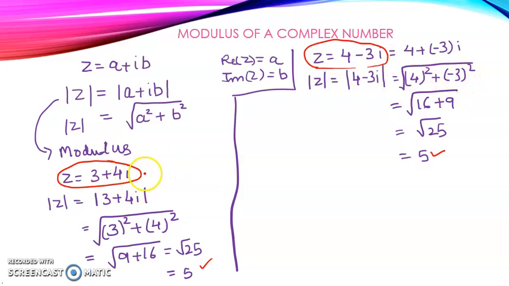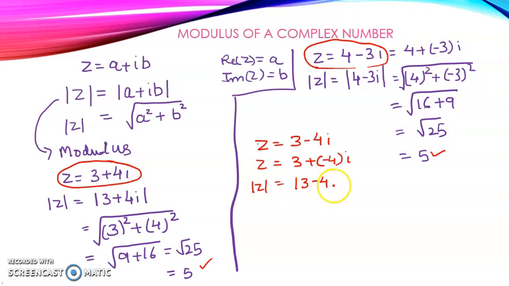Even if I take z is equal to 3 minus 4i, I can rewrite this as z is equal to 3 plus minus 4i. So the modulus of z will be the modulus of 3 minus 4i.